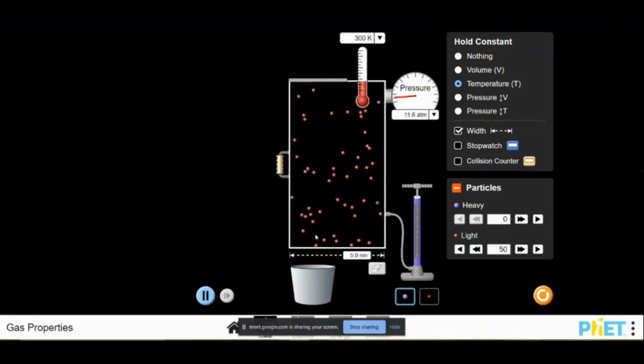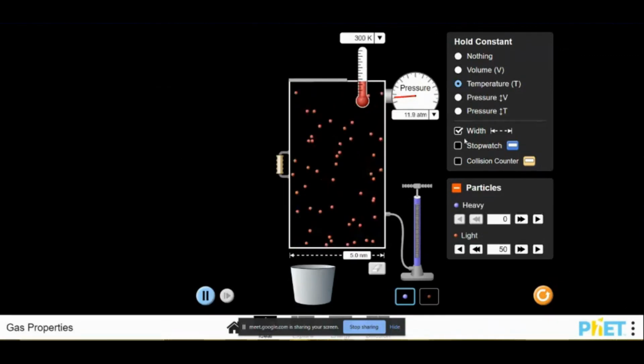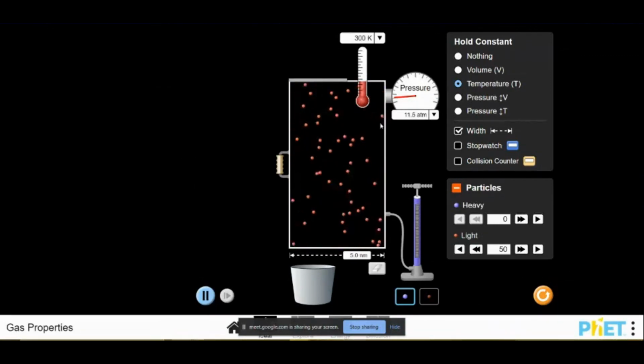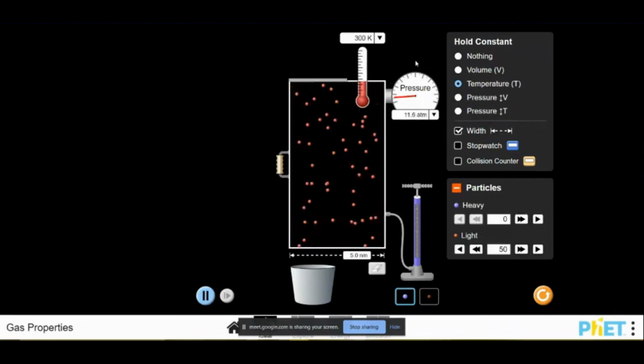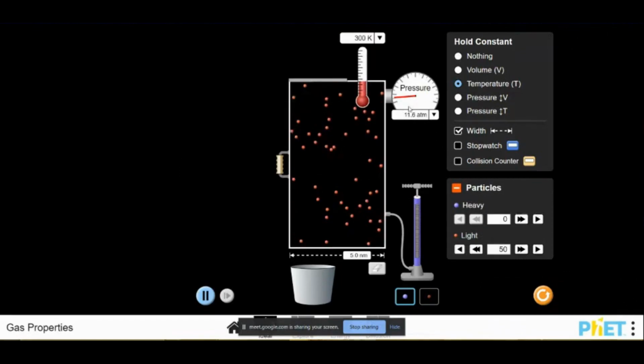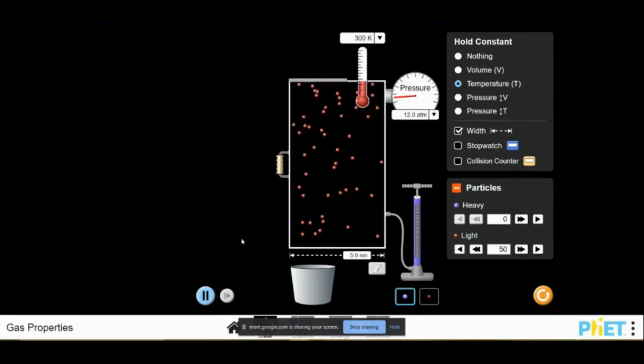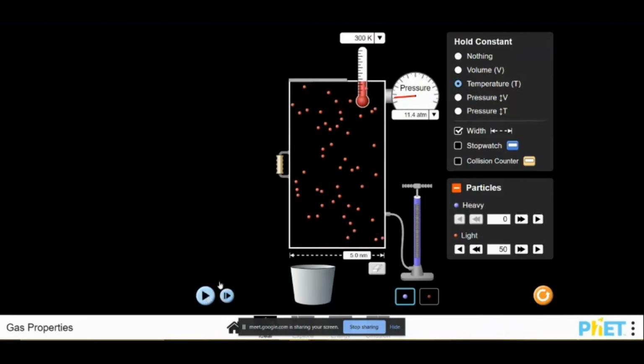From this, we can get the steady pressure value. We need to pause and get the value, so we record the value of pressure that is exerted.